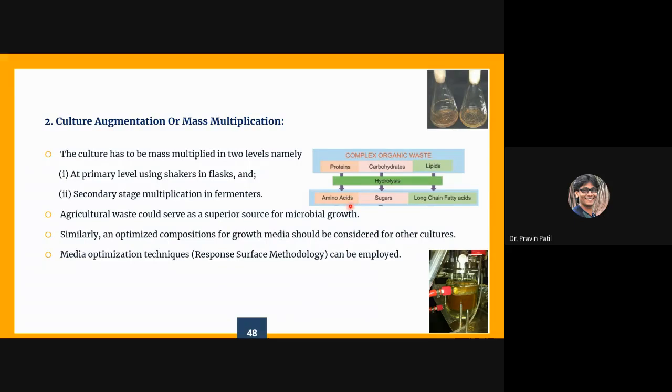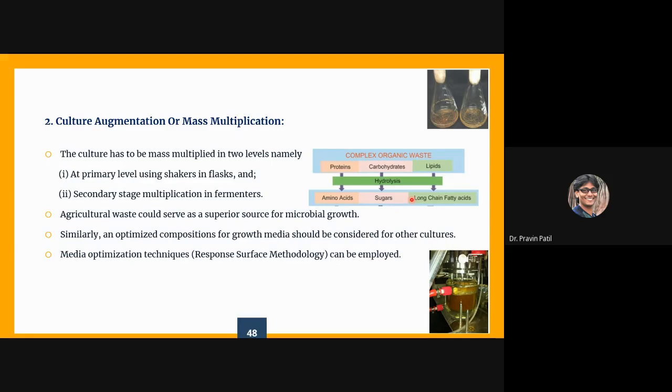These can be hydrolyzed to obtain amino acids, sugars, and long-chain fatty acids, which can be used as an energy source for the microbe. Even when we add glucose, jaggery, or other sugar molecules, every time that molecule is used as a simple sugar by the microorganism. So they ultimately need energy, and if that energy can be obtained from this agriculture waste, that would be really beneficial.